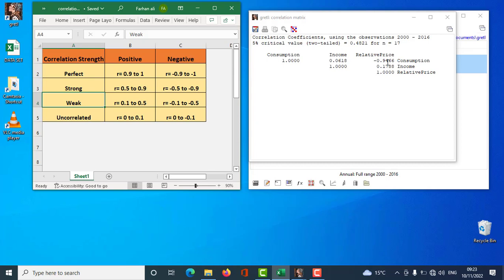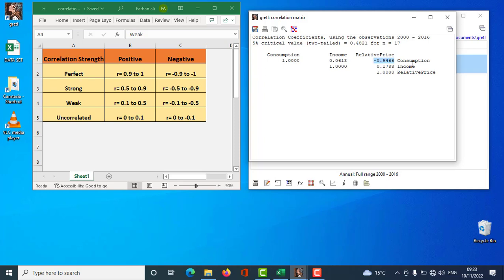I would first come to this value. This is the value of R for two variables, relative price and consumption. This value is minus 0.9466. As this value is more than minus 0.9 and less than minus 1, it shows negative perfect correlation.